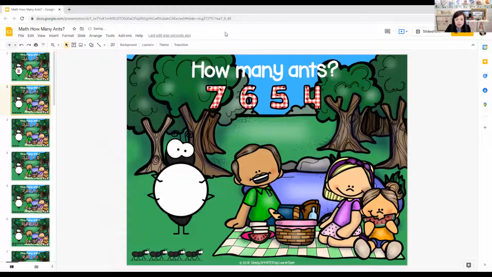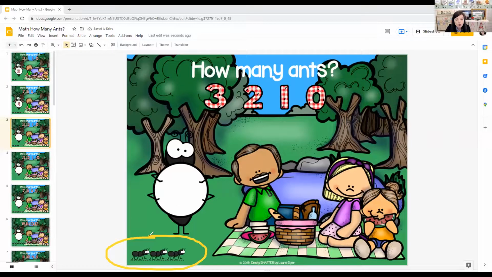How many ants are trying to get to our picnic? 1, 2, 3, 4. Can you point to number 4? There's number 4. How many ants now can you see? 1, 2, 3. Where's number 3? Right there.